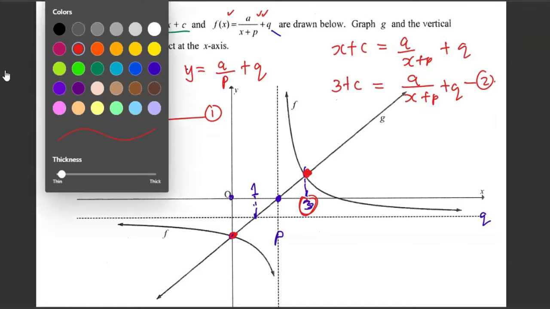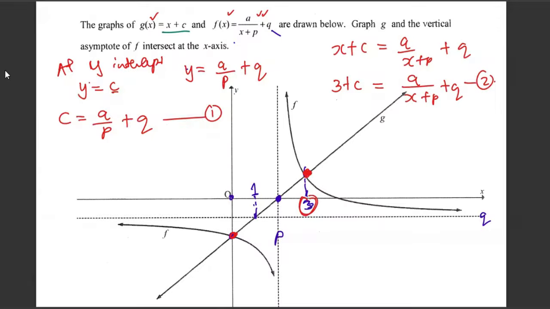Then we need to simplify equation 1 and 2. How do we do that? We just need to substitute. Yes, we can do that. But before we do that, I just want us to also look at this point of 1.